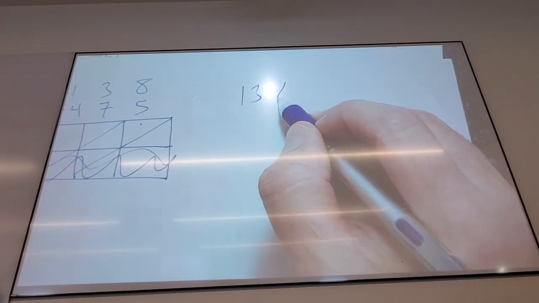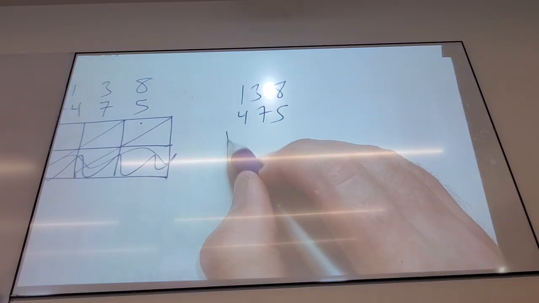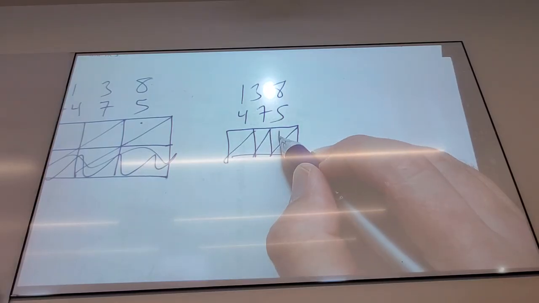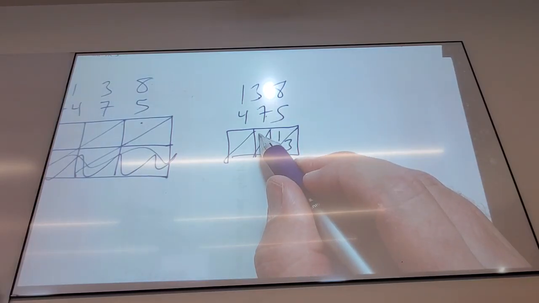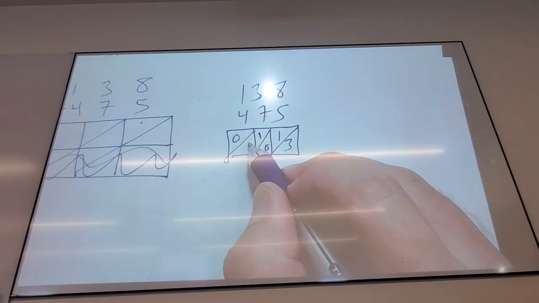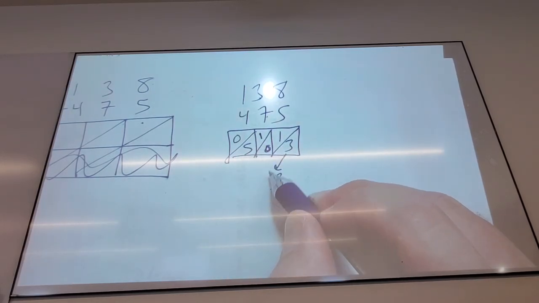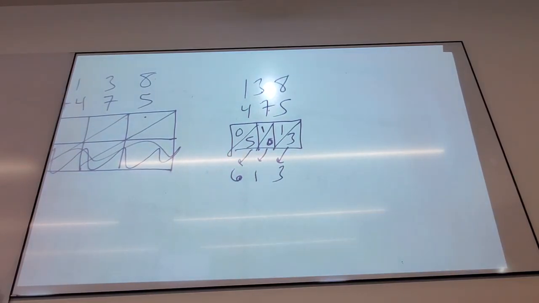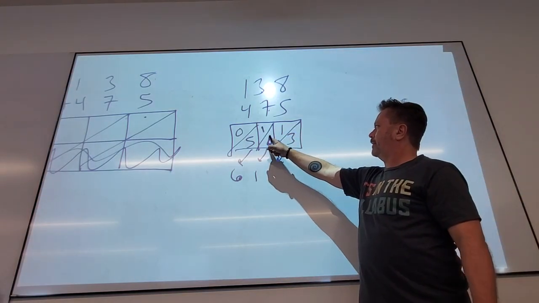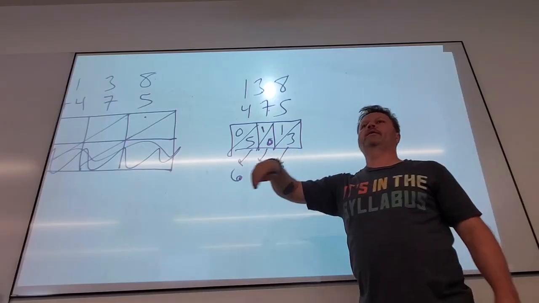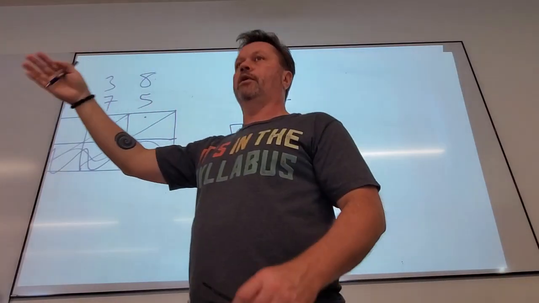Here, let me do this again because I think I was doing multiplication. So 13, 3 plus 7, 10, 1 plus 4, and then you go diagonal. 3, 1, 6. And you see how this one ended up affecting the second spot. This one ended up affecting the third spot. This naturally leads towards carrying the 1.